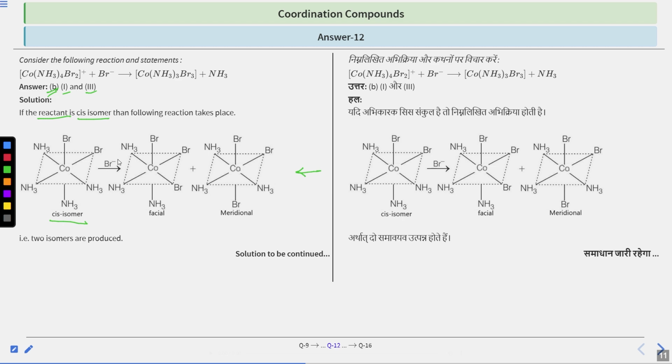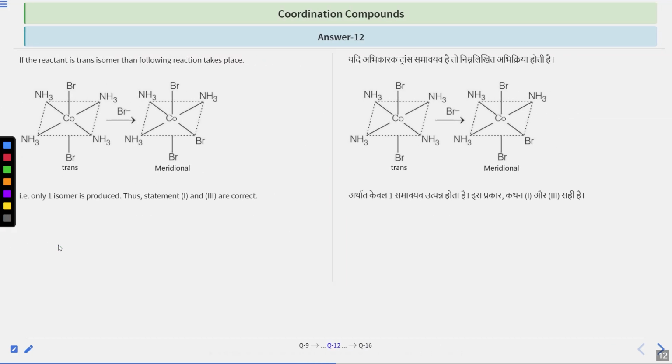On reacting with bromine negative ion, it will give us 2 isomers, right? One is facial, the other one is meridional. You can see it, right?